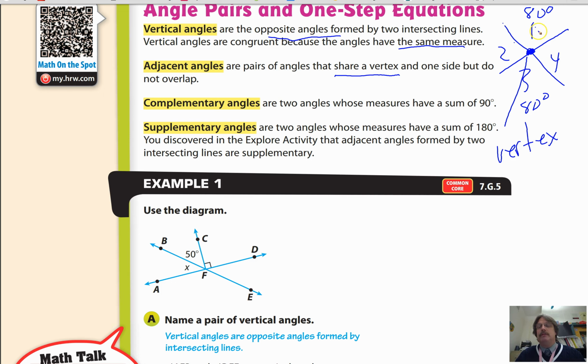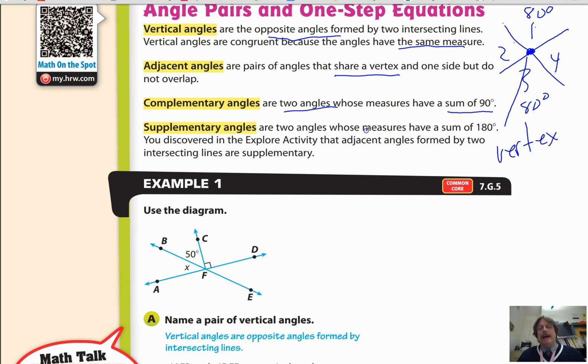So angles 1 and 2 are adjacent angles. You can also look to see what else you have. Complementary angles are two angles that have a sum of 90 degrees. So this is 80. Obviously this is greater, so these two are not going to be complementary.